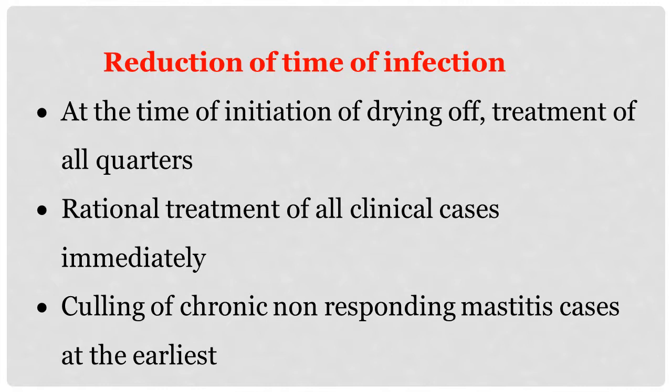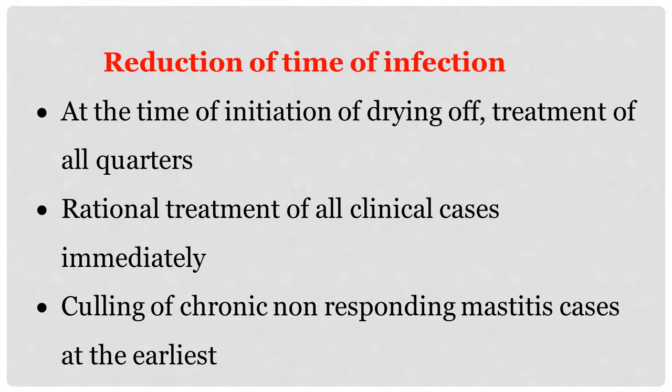and provide a rational treatment to all clinical cases immediately. Whenever cases are found in the farm or in an animal, give the rational treatment. It is not haphazard treatment. Rational treatment means with the knowledge of the drug and the knowledge of the disease. That means strictly follow the antibiogram program.